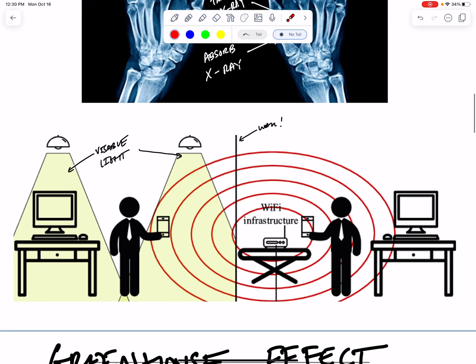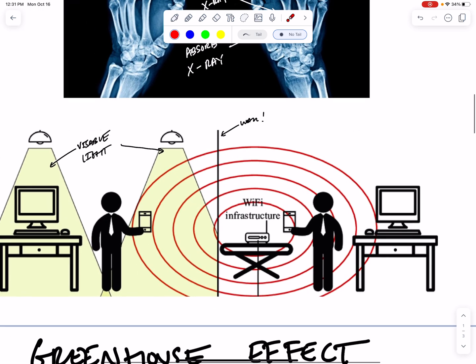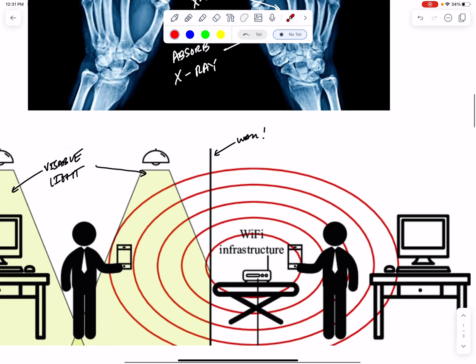But here in this other room, we have a Wi-Fi device creating Wi-Fi waves, and the wall, which was reflecting visible light or absorbing it, is transmitting Wi-Fi light.